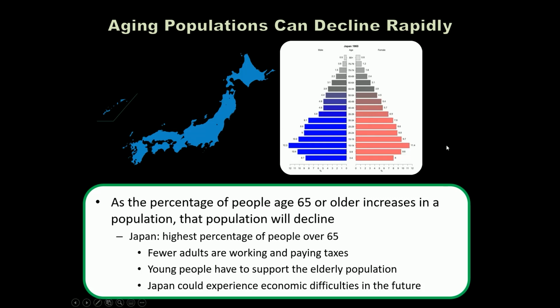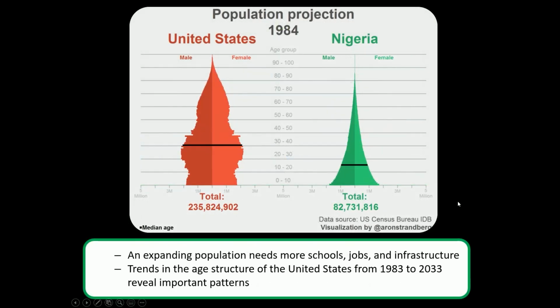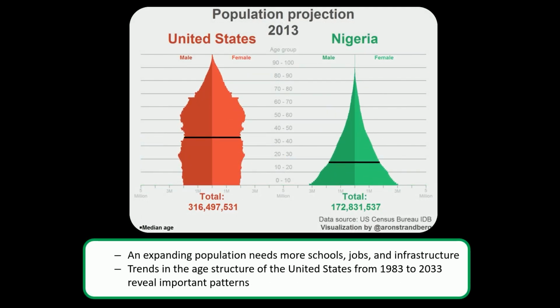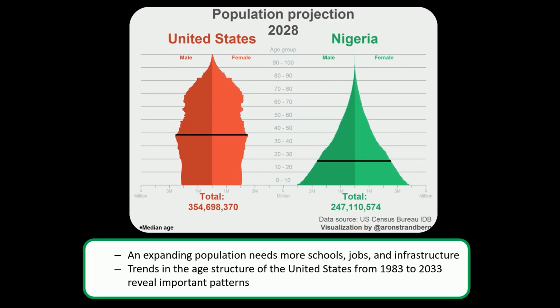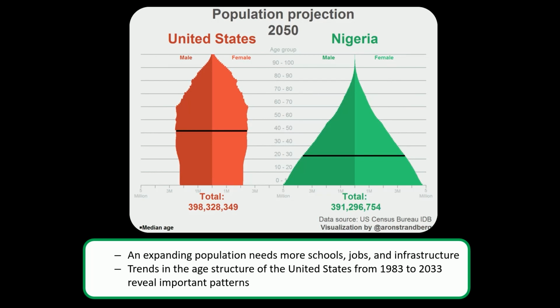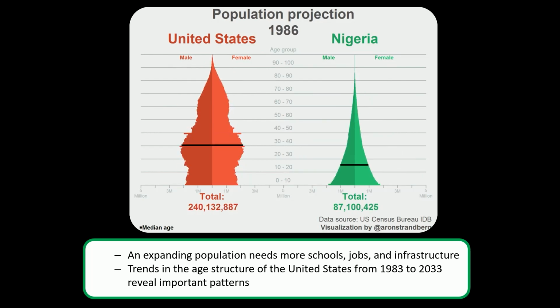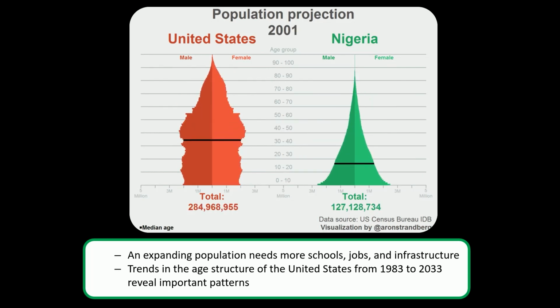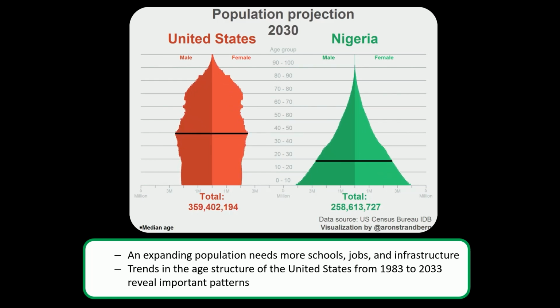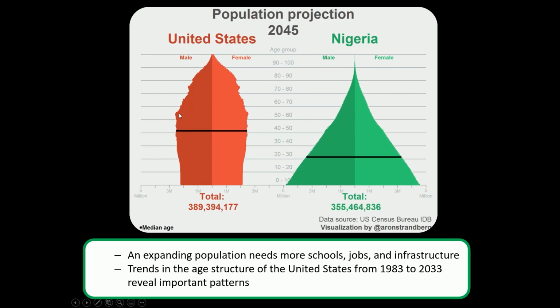On this next slide, we have Nigeria on the right, which is a good example of a rapidly expanding population. You can see the curved out sides of the population getting larger and larger with each generation. And then the United States, which is a slowly growing population, but you can also see this giant bulge proceeding its way through.